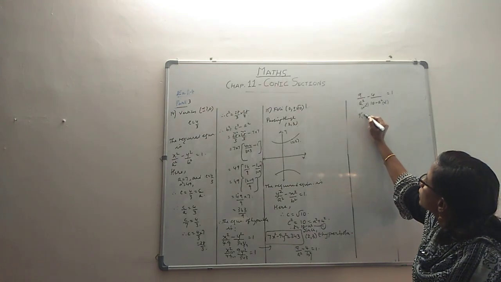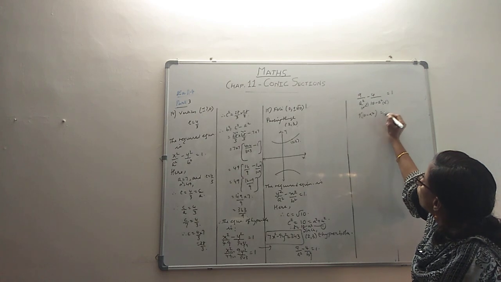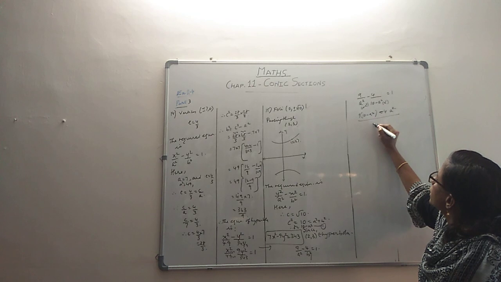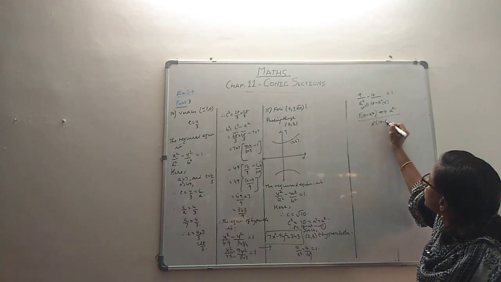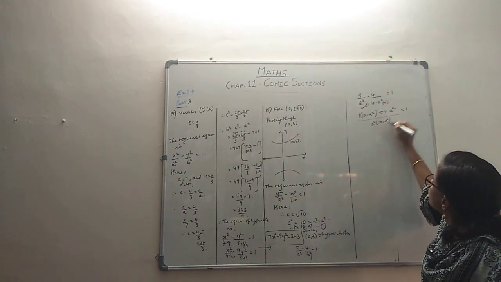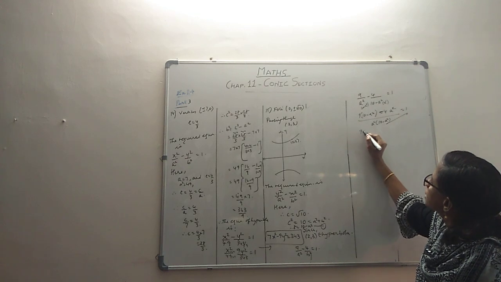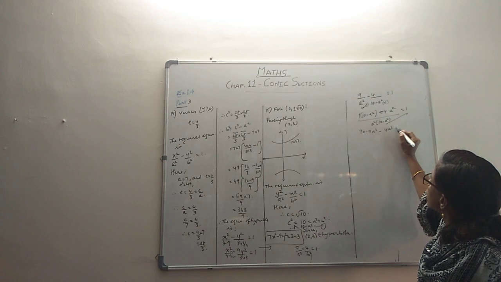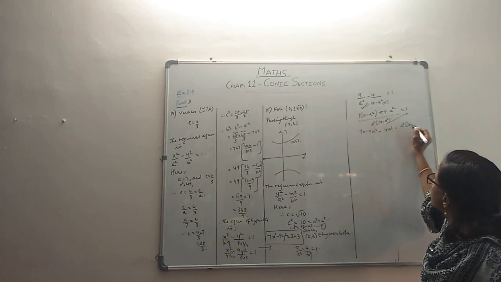So 9 into 10 minus a squared, 4 into a squared, whole by a squared times 10 minus a squared equal to 1. So you have 90 minus 9a squared minus 4a squared is a squared times 10 minus a squared.